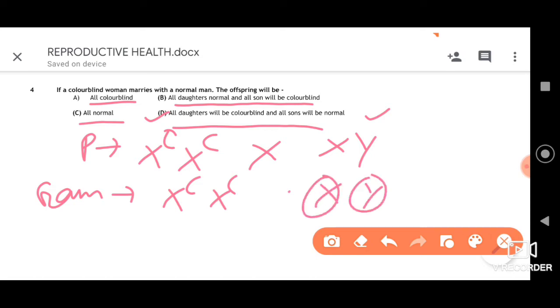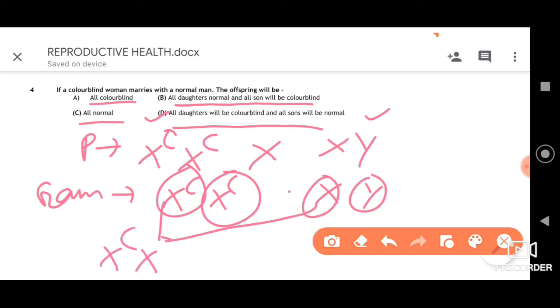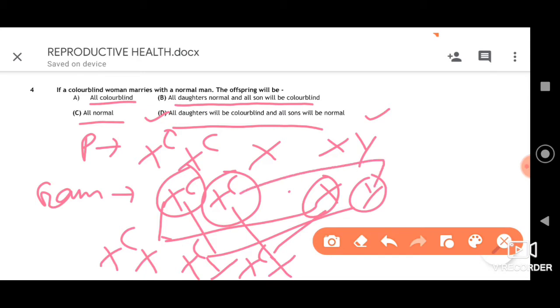So these are the gametes. Now what are the possibilities here? With this combination, we will get XcX, and secondly XcY, thirdly XcX, and fourthly XcY.